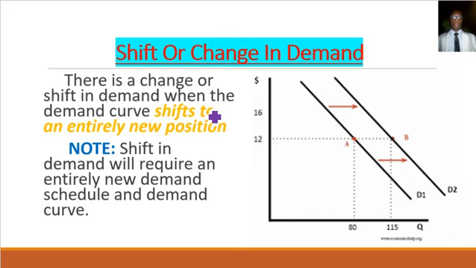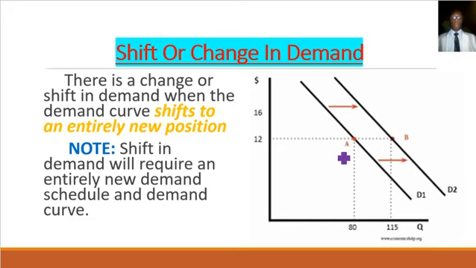Unlike change in quantity demanded, where the change takes place along the same demand curve, for change in demand you have to shift to an entirely new position. As a matter of fact, anytime you have a shift or change in demand, it requires you to draw a new demand schedule and a new demand curve.